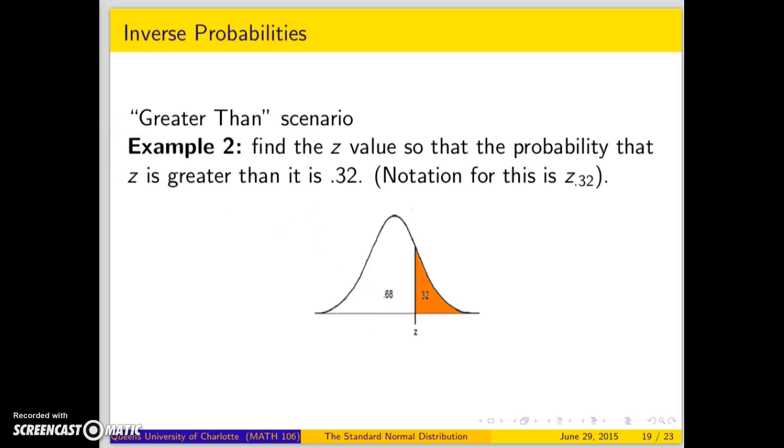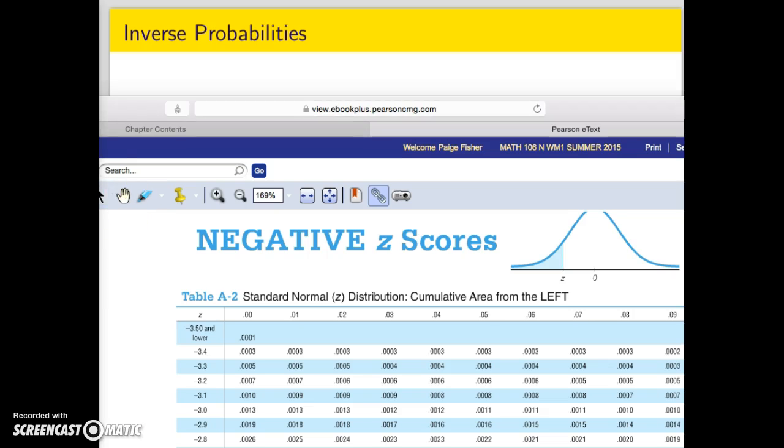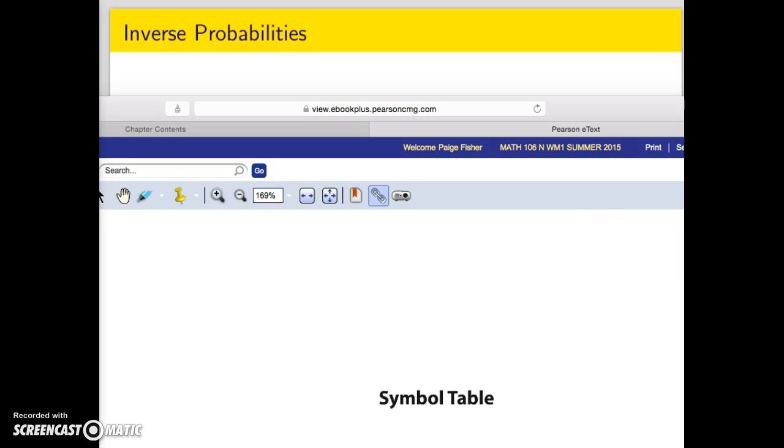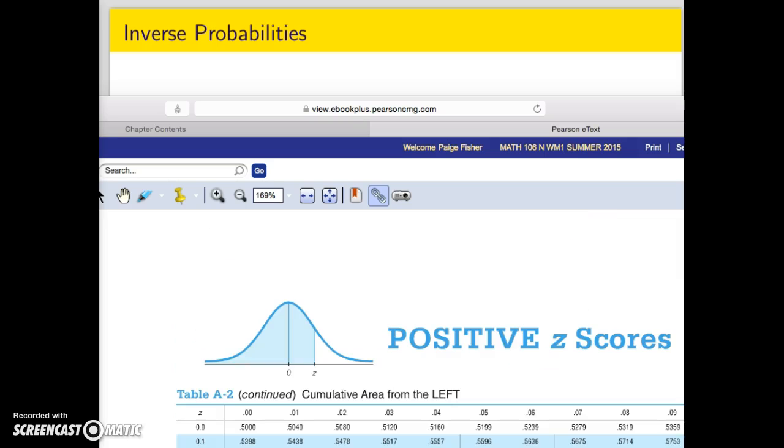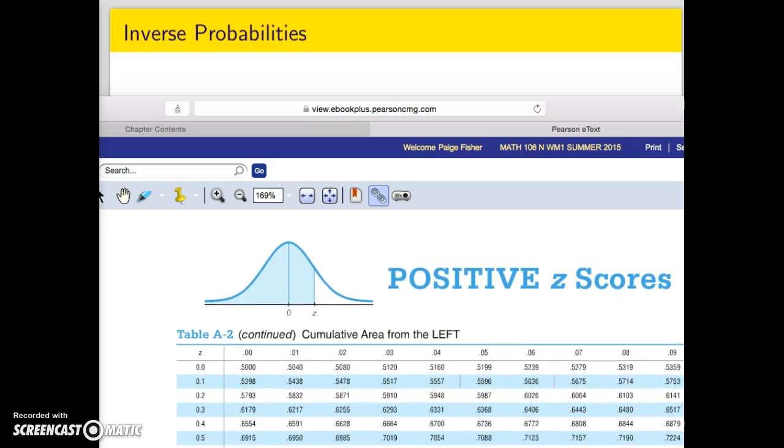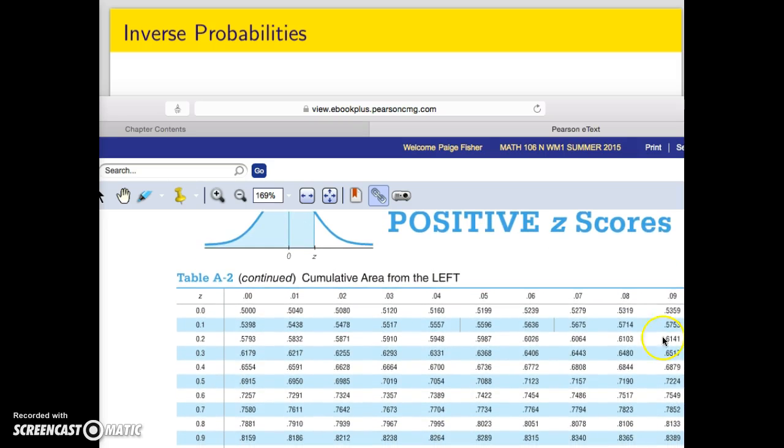So if we go to the book, and we're going to look at the problem. Oh, I went to the wrong one. We look for 0.68, the closest value to 0.68. And we're looking at the positive because it's greater than 0.5.